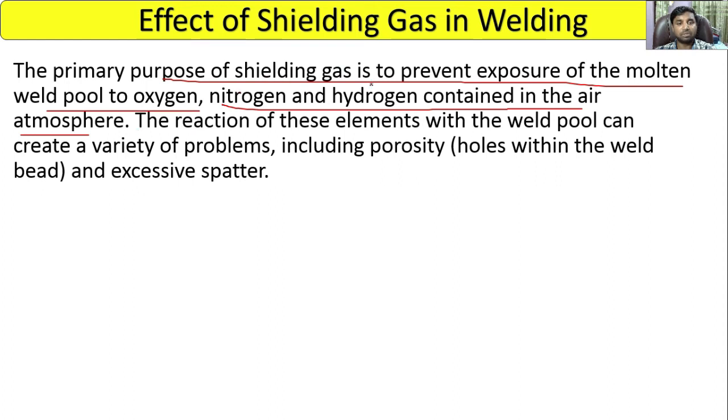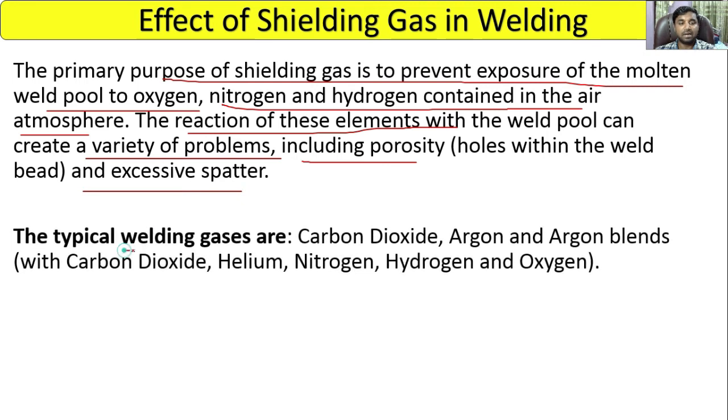The reaction of these elements with the weld pool can create a variety of problems, including porosity and excessive spatter. So if the shielding gas is not correctly used in that welding, then definitely you can see problems including porosity or excessive spatter.